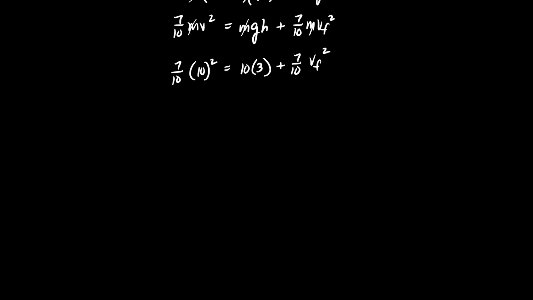All right. 10 squared is 100, divided by 10 is 10, times 7 is 70, so 70 minus 30, all times 10 sevenths equals v_f squared. So that's the square root of 400 sevenths. That's got to be how fast it's going at the top.